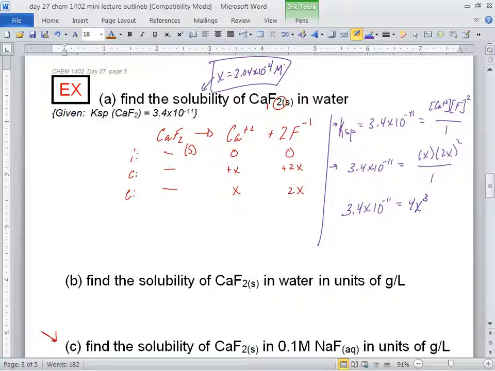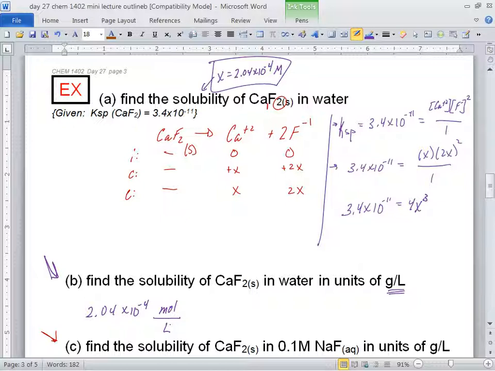But they want the solubility in part B. The homework likes to ask this. They want the units in grams per liter. So how you do this, you do 2.04 times 10 to the negative 4. And Kenneth said it was big M. And big M is what over what? Moles over liters. Okay, so the liters part looks good.